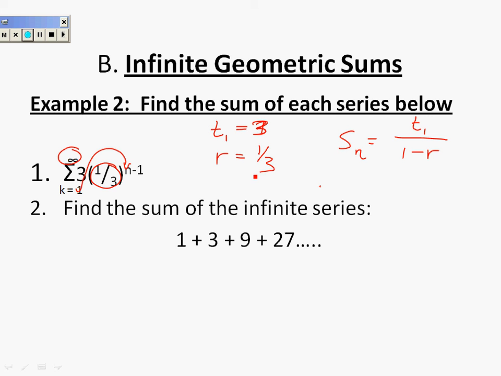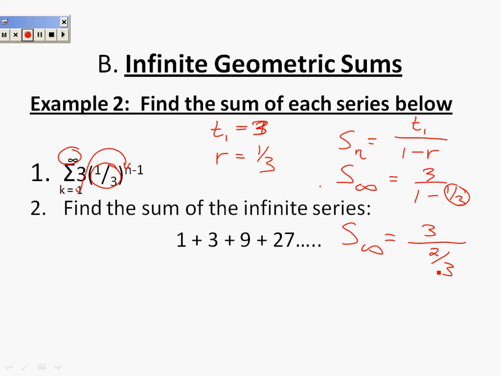All right, so all we got to do is plug it in. So the sum of the infinite terms is 3 over 1 minus R, and R is 1/3. Okay, so what is 1 minus 1/3, guys? It's 2/3. We did some problems like that back when we were doing our probability. You just subtract these two, like 3 minus 1 is 2, so it's 2/3.